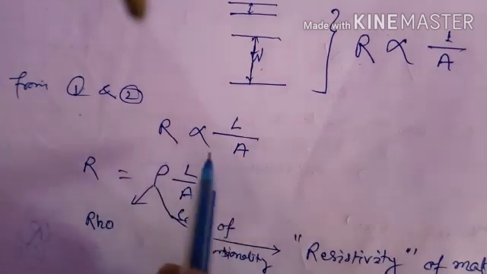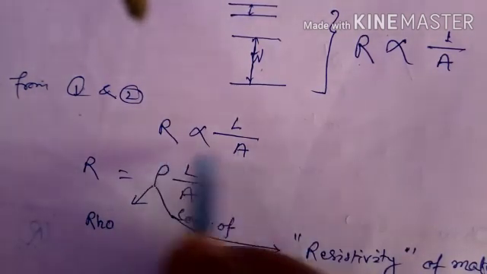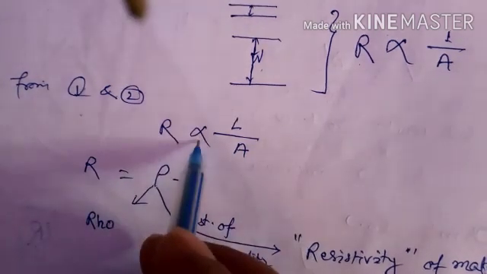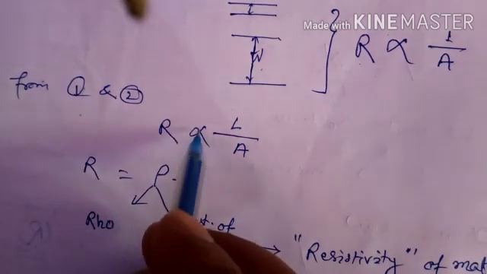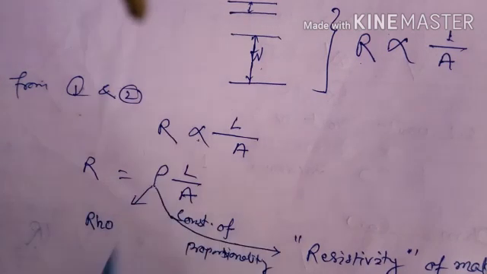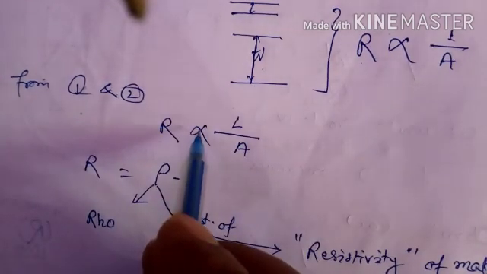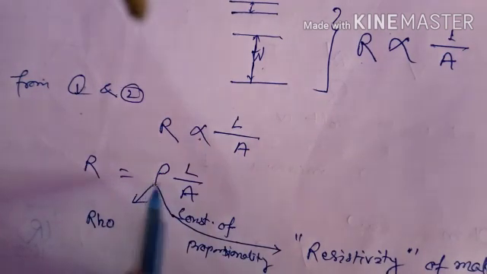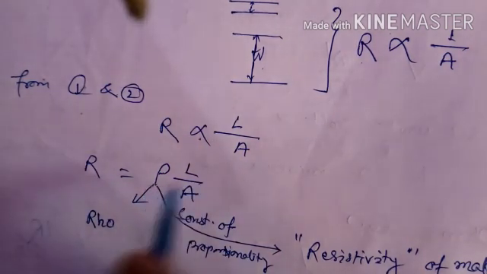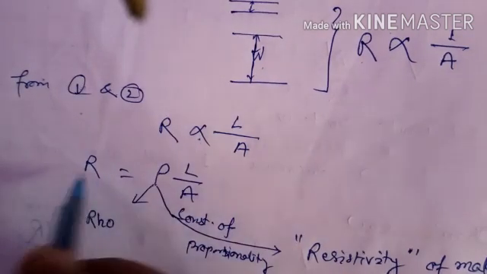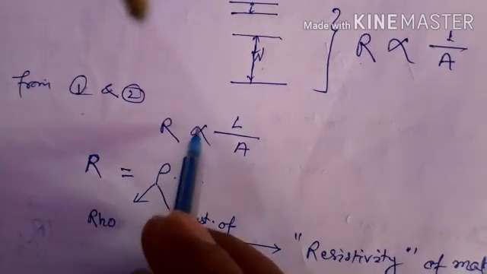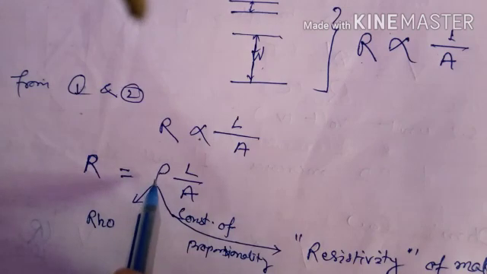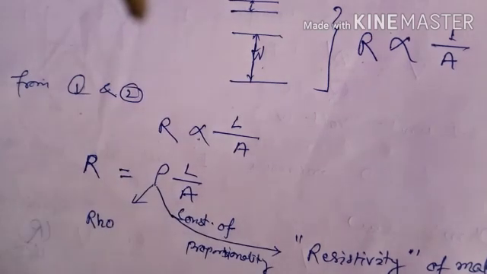Students, see, this is a proportionality relation, but if we want to obtain an equation, we have to remove this proportionality by using a proportionality constant, and this proportionality constant is called rho.